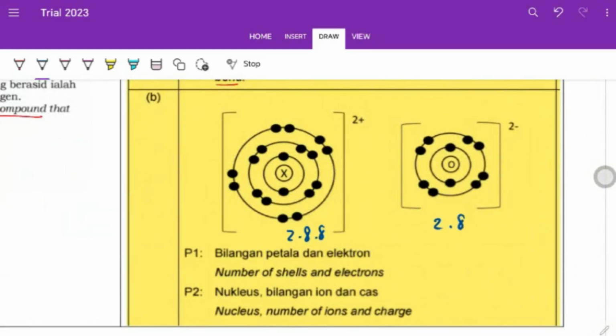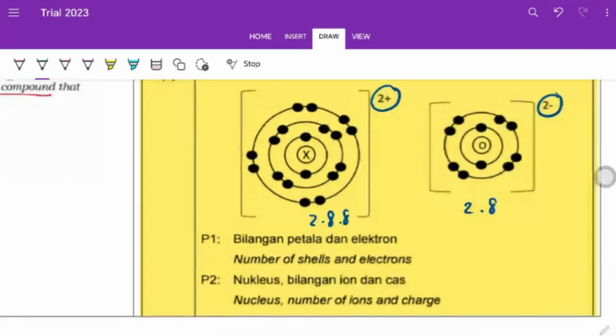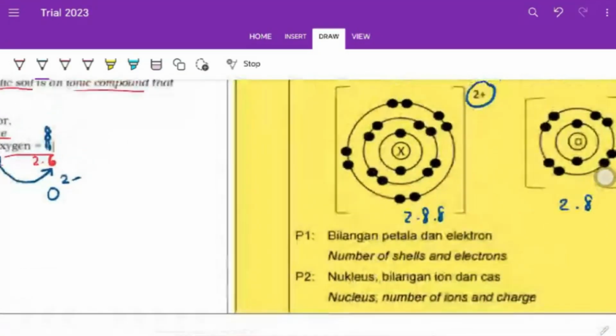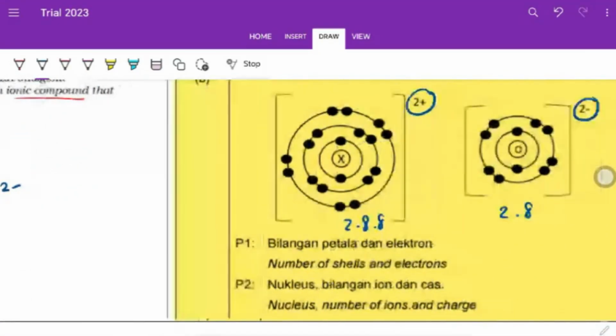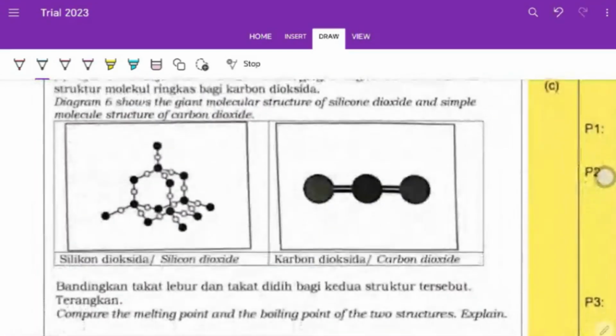This one is 2, 8. So 2 positive, 2 negative. Okay, class, if really you are not in time to draw all, later you can watch back the recording.